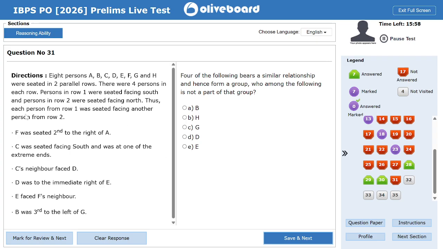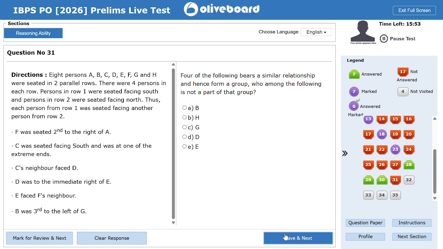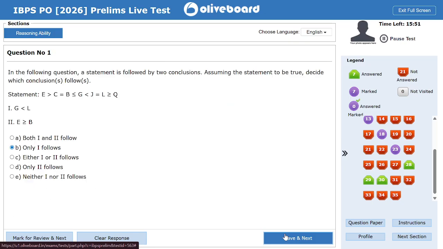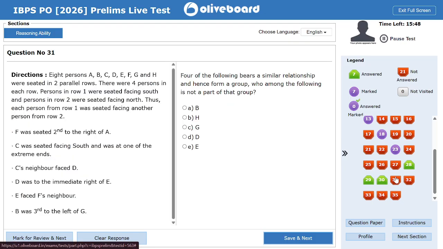8 people, two parallel rows, 4 people in each row. Okay, first इसको कर लेता हूँ. 8 people ABCD, ACD, two parallel, 4 in each row, person one not... okay. 4 people: 1 2 3 4, 2 3 4. इसने कौन रो में बैठा है कुछ बोला नहीं उस बारे में.